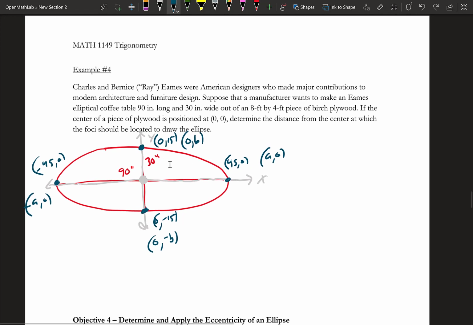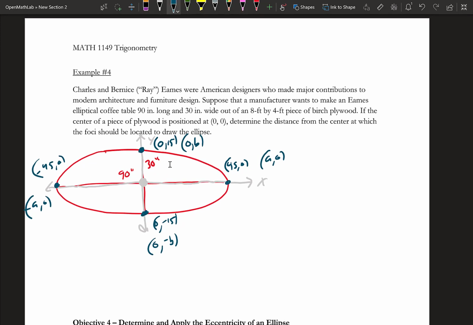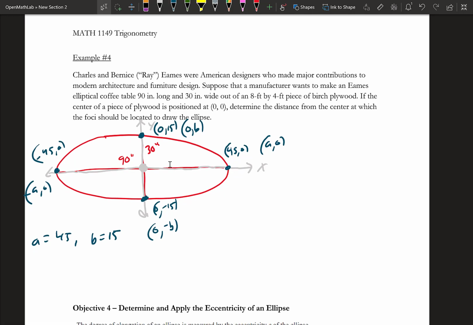By recognizing that, you should get that a is equal to 45 and b is equal to 15. So filling that in, we have x squared over a squared, which is 45 squared, plus y squared over b squared, which is 15 squared, equal to 1.